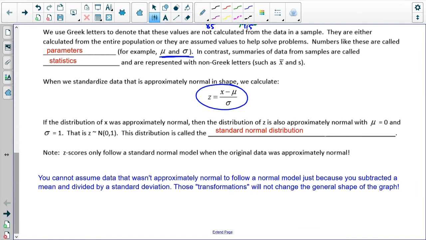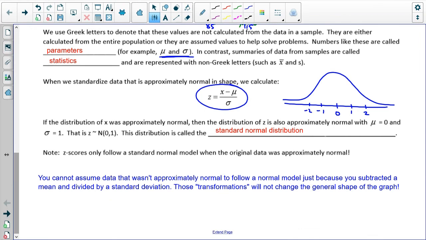We can also convert data to z-scores to make it easier to understand normal distributions. We can convert any data that's approximately normal to have a mean of 0 and a standard deviation of 1 using z-scores, and my curve will look pretty much the same.